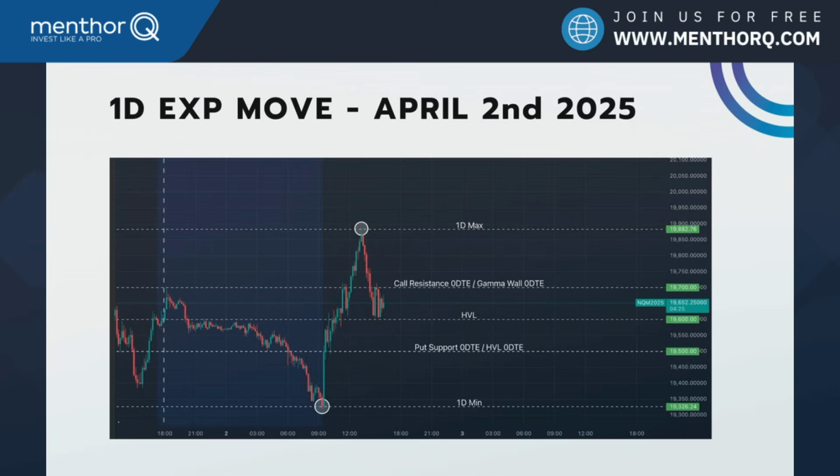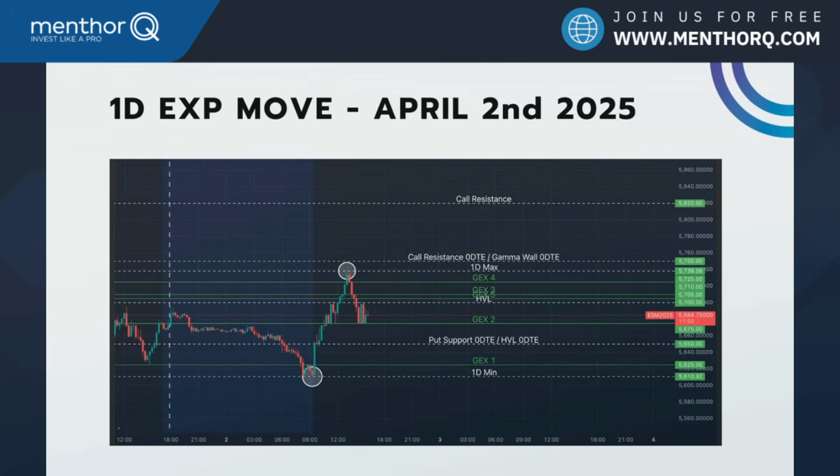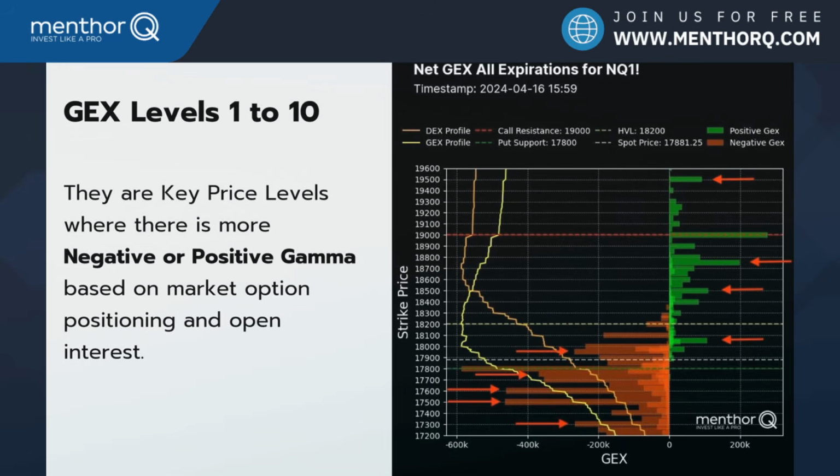Or if you missed that move, you could have entered a reversal trade at the one-day max and used the other levels as your take profit target. Same example, this was ES on the same day. Again, we touched the one-day min, went all the way to the one-day max, and then reversed back. So this is a very important level, very key for us.